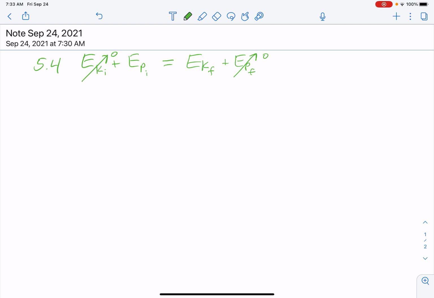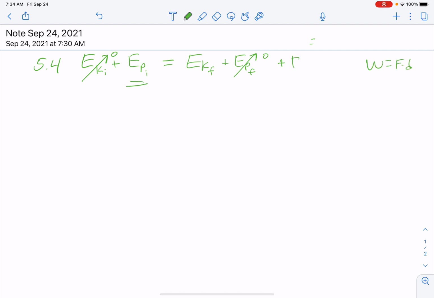Now, of course, we can modify this problem. If indeed there was friction on the slope, then all of her potential energy is going to be converted into the energy to overcome friction, which is work. And work, you'll recall, is force times distance.